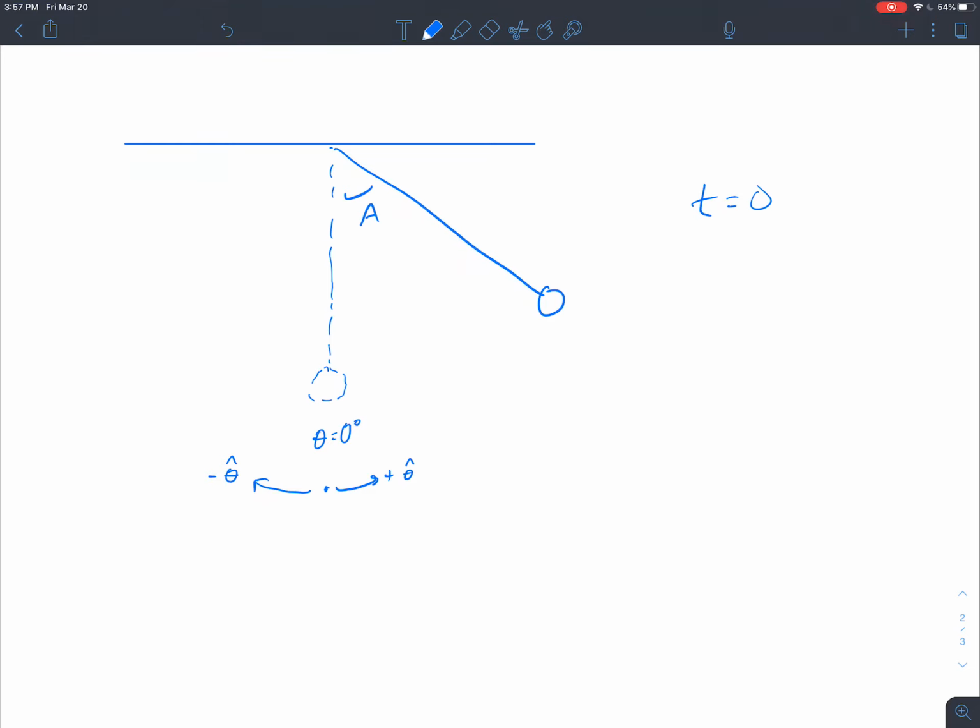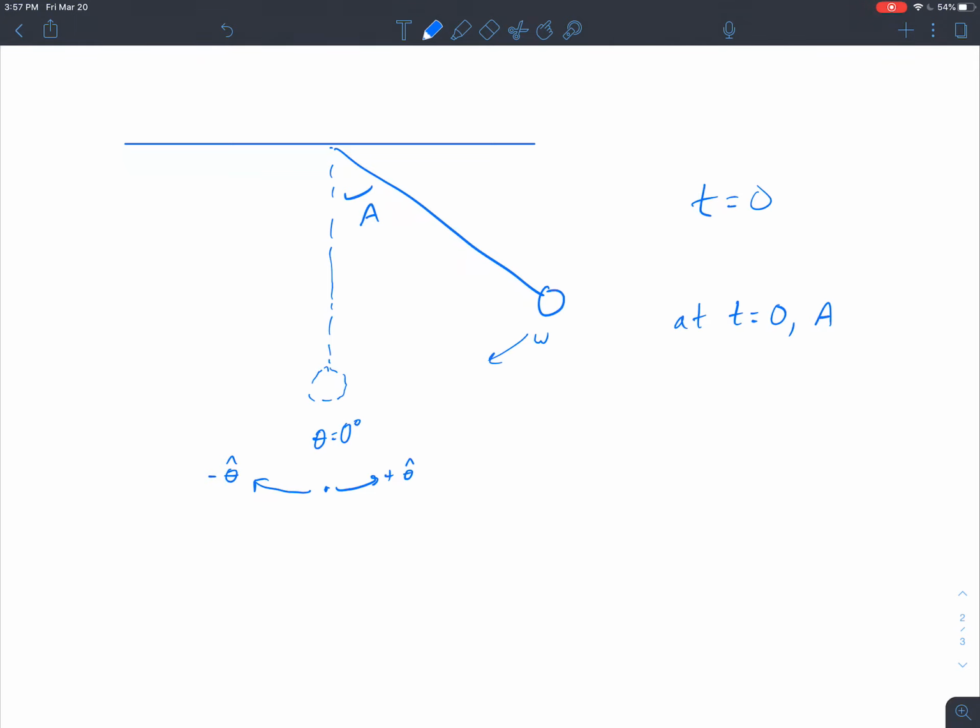Because that's the highest it's going to go. So you can tell this is positive, and it's at the amplitude. So at t equals 0, we are at the amplitude, as high as it goes, and our velocity, angular velocity in this case, is going to be pointed in the negative direction because it's going to be swinging down.